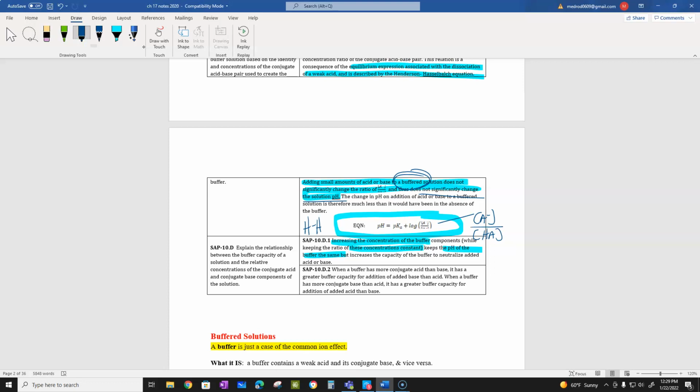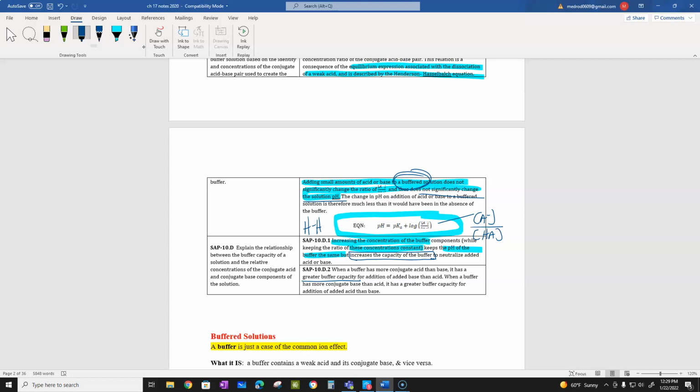But you're going to hear something in AP, these videos, they're going to talk about capacity of buffers, increasing the buffer capacity. And I believe there's an AP Daily video just on that, okay? And you'll definitely be taking notes on that. When a buffer has more conjugate acid than base, it has a greater buffer capacity for addition of added base than the acid, okay?